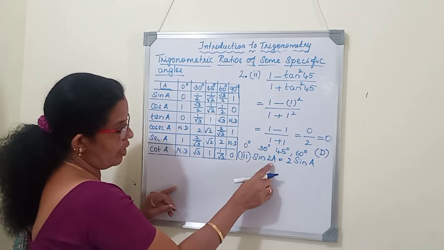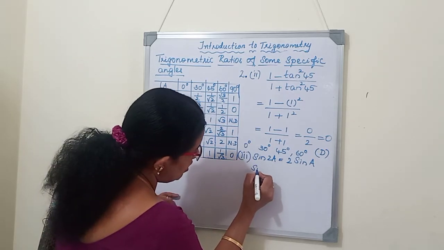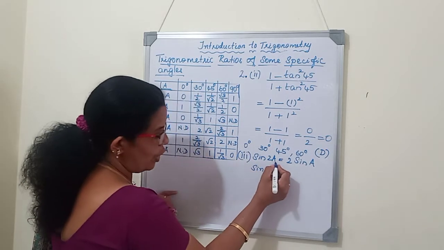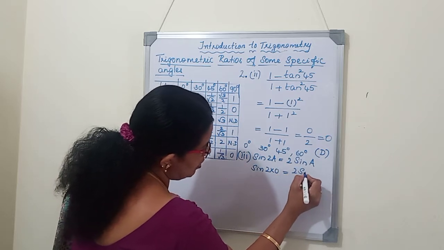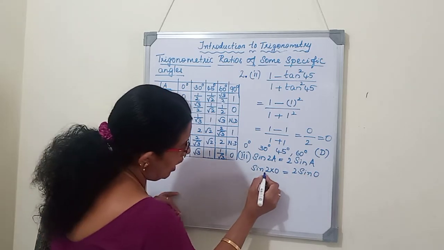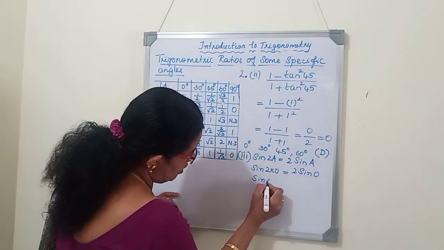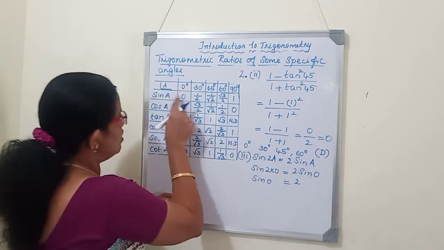First we will take 0 degree. That is, instead of a we will write 0 degree. That is sin 2a means 2 into a. So sin 2 into 0 is equal to 2 sin 0. Instead of a you have to write 0. Sin 2 into 0 is 0. Here again 2 sin 0. What is sin 0? Sin 0 is 0.